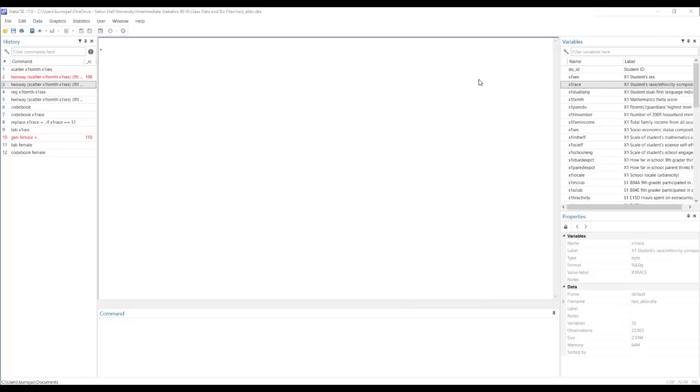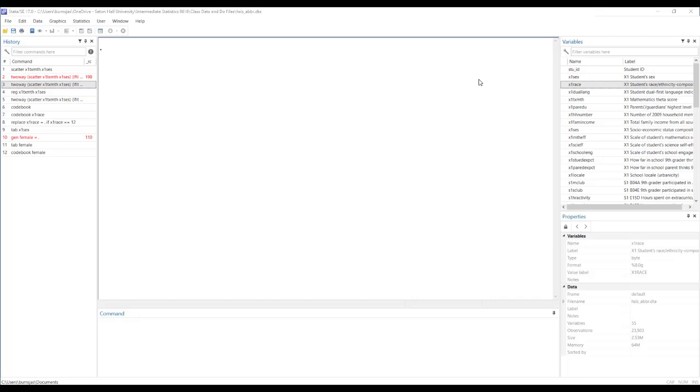So in this case, what we want to do is start by thinking of what is our model? And by a model, I mean often it's represented by an equation, and this helps formalize the relationships that we're thinking of. So in this case, we would be thinking of math achievement as our outcome or our dependent variable. And we would want to be thinking of SES, socioeconomic status, as our predictor or independent variable.